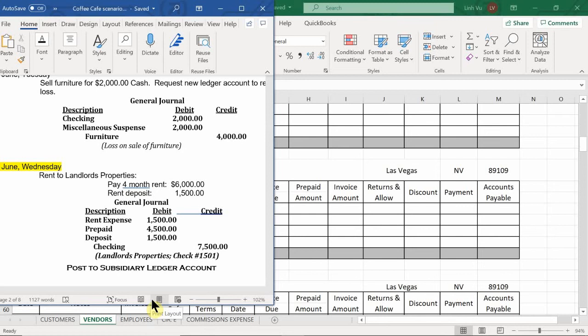Since we're paying for 4 months, we need to also calculate what the total deposit is because they want a 1 month deposit from us. That's what most rental places do.